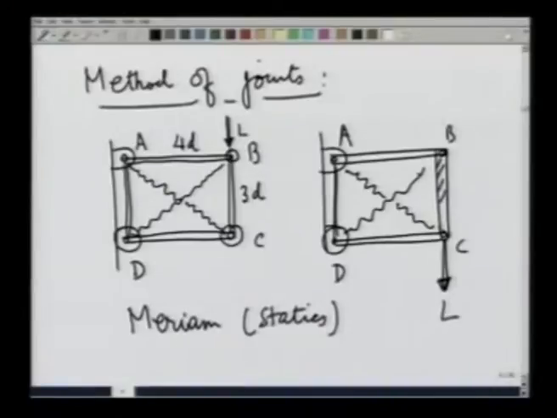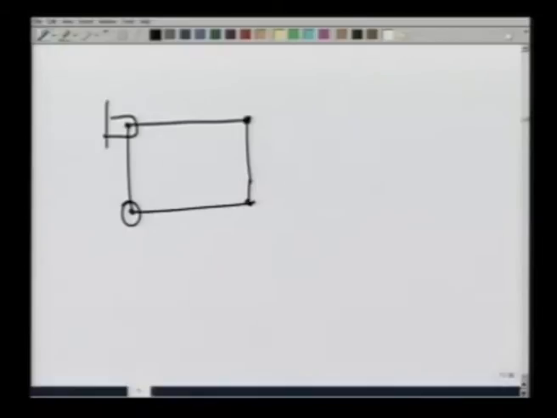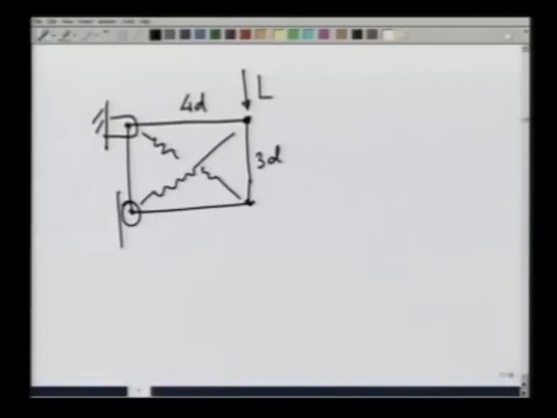So, let us first take this particular case, and I will make it in a very simple manner. These points: this is on a roller, this is on a fixed pin, this is a rope, this is a rope, this is the load. This is 4D, this is 3D.